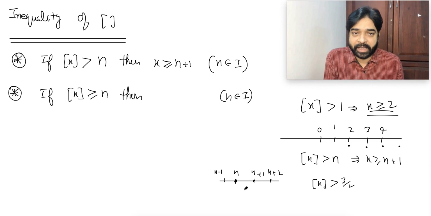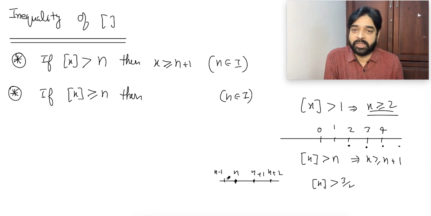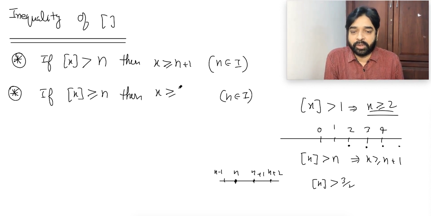I'm interested in x. Is it possible x can come here? No. Why? Then the greatest integer of x will become n minus 1, which is not possible. So x should be either here or beyond this anywhere. So we'll say x is greater than or equal to n.